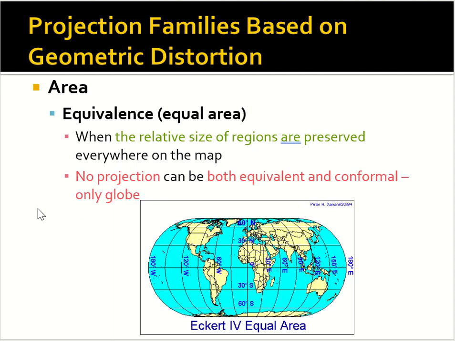If area is the spatial property that is most essential to preserve, then an equal area map, kind of nice when the word is in the term, is one to choose. So here the relative size of regions are preserved everywhere. And unfortunately, just by virtue of taking a globe to a flat surface, you can't preserve shape and area.